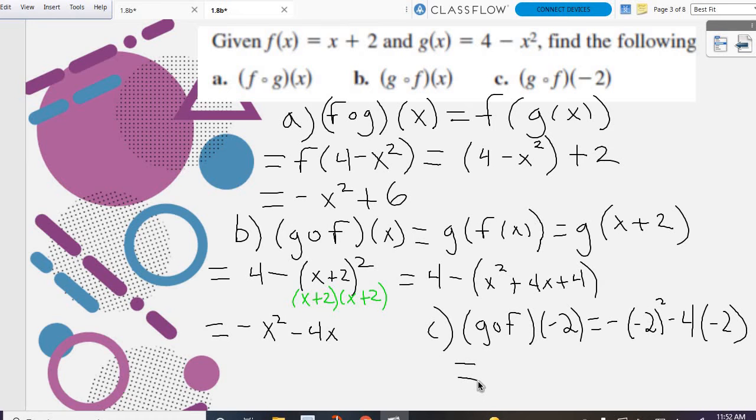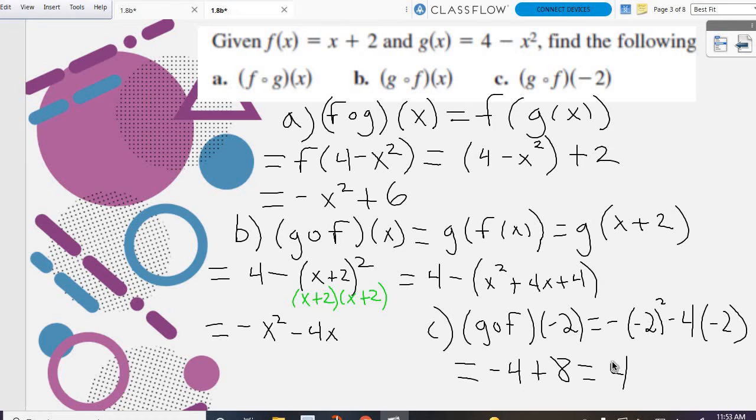So negative 2 squared gives us a positive 4, but then we still have a negative on the outside. Negative 4 times negative 2 is a positive 8, so we just get 4. So that would be our answer. So we need to be able to take composite functions if they're just left with variables, but we also need to be able to evaluate them at specific numbers as well.